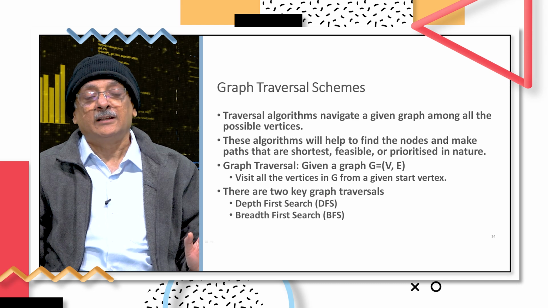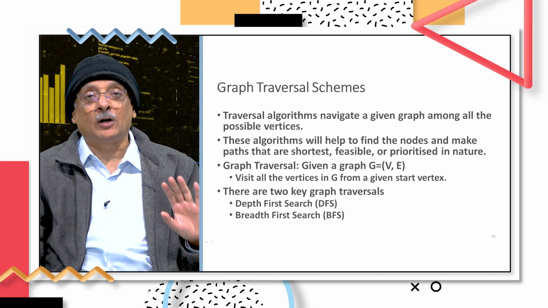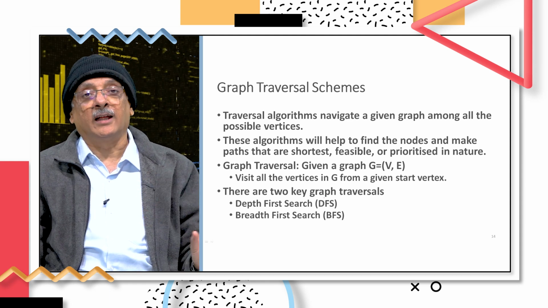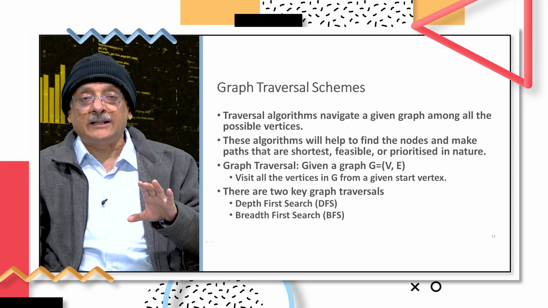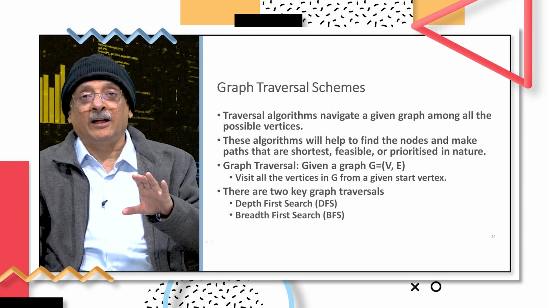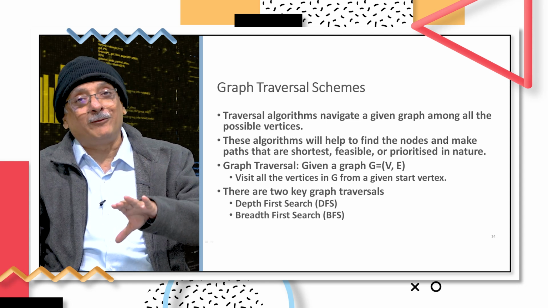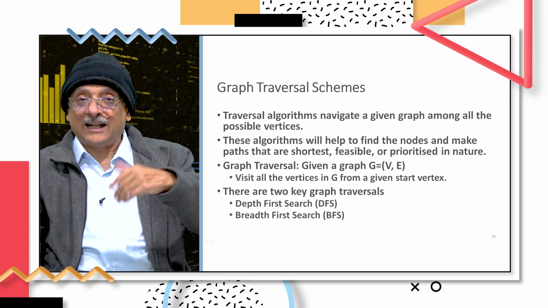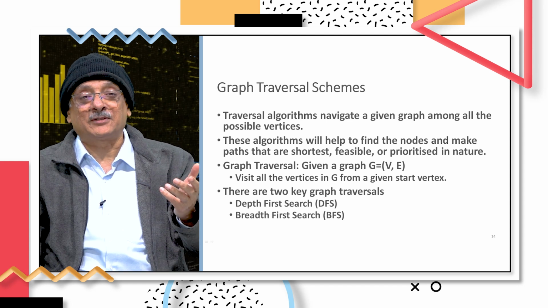Such traversal algorithms are quite useful where we want to search the entire graph. Obviously, when you are searching an entire graph, you will search in a typical way, and that is why graph traversal schemes come in.